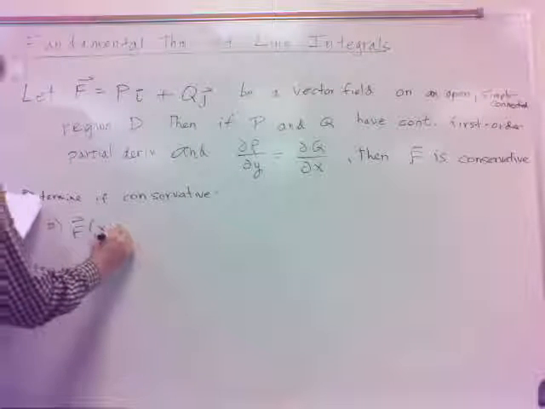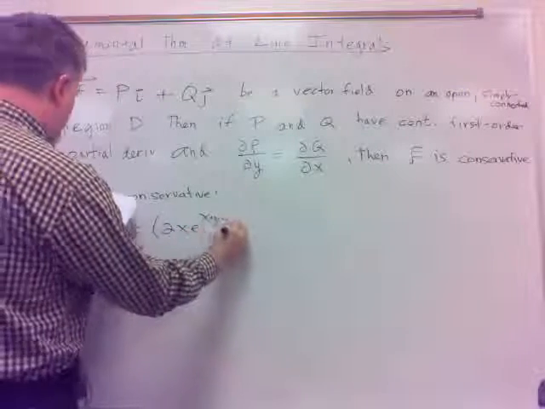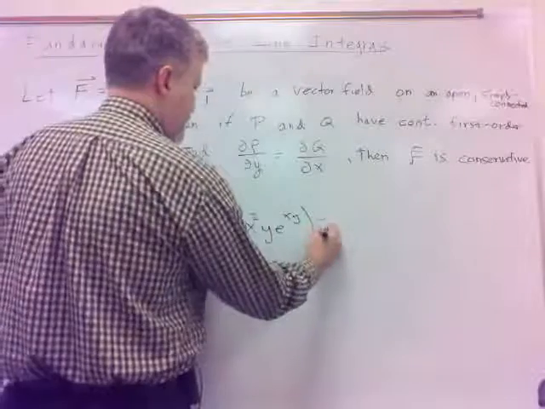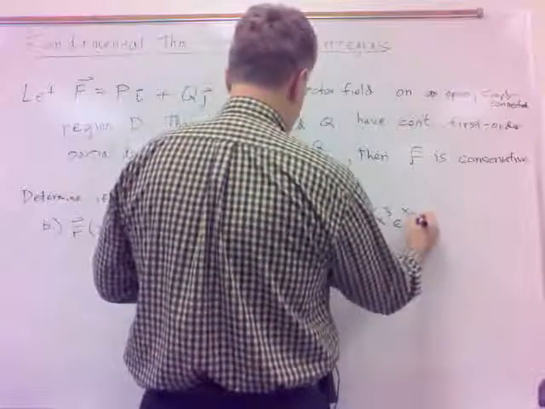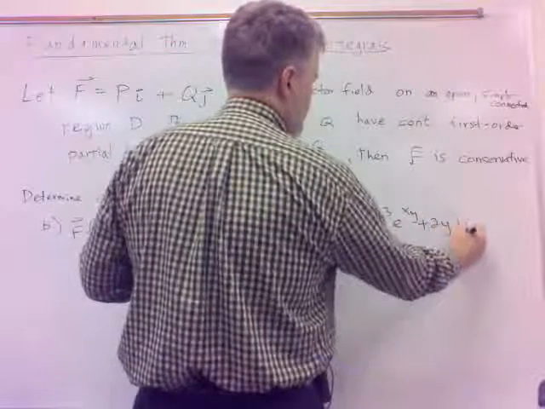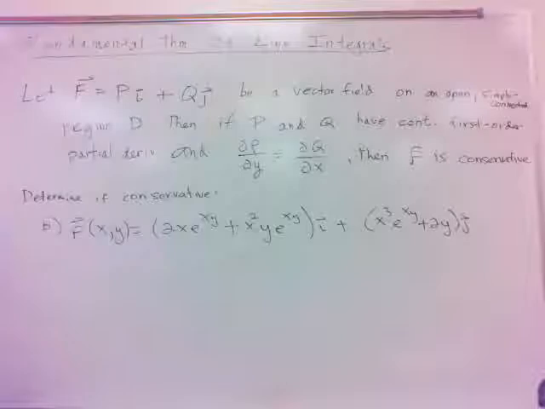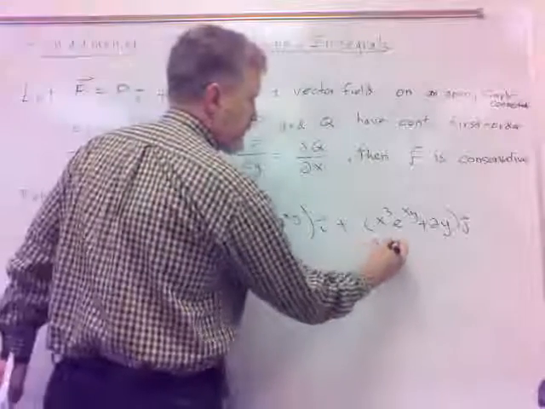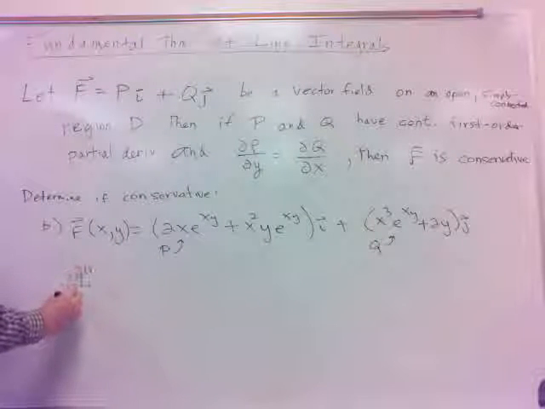Here's the second one. The vector field F equals 2x e to the xy plus x squared y e to the xy, i, plus x cubed e to the xy plus 2y, j. So this is our P, this is our Q. What do we need? The partial of P with respect to y.